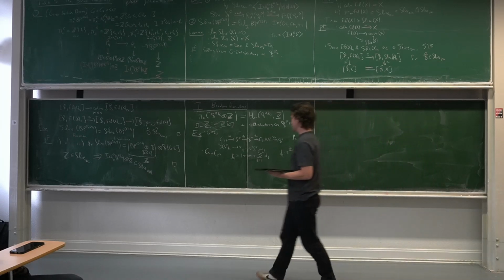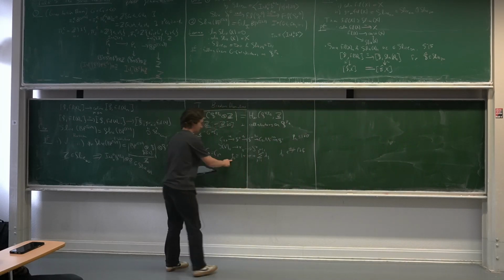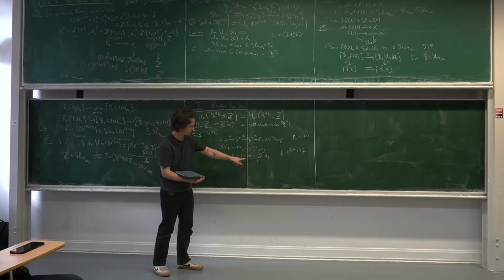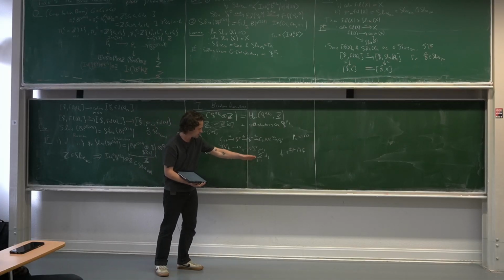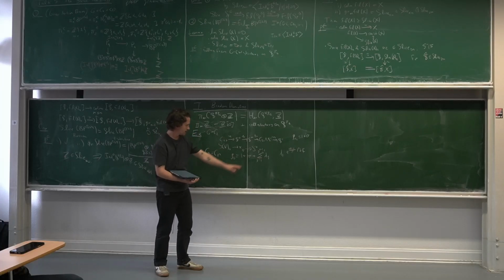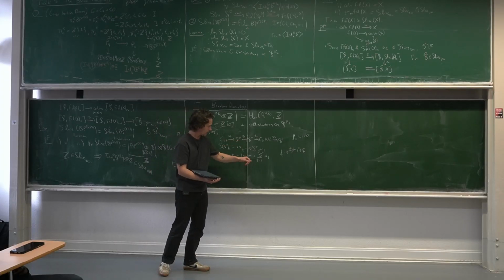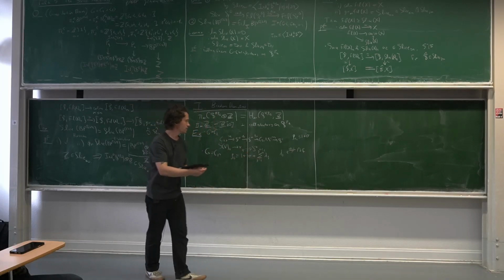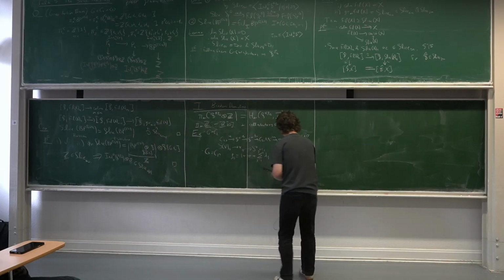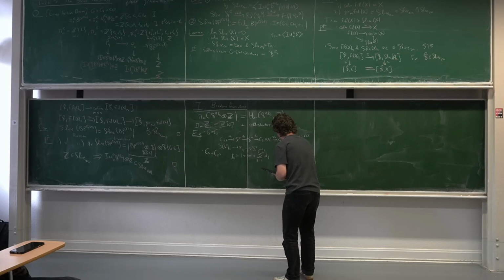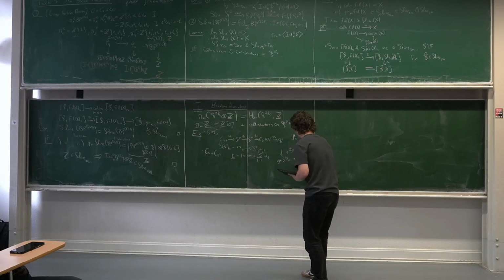Now, if I want to give you a cell structure for this representation sphere, I can just give you one for each piece and then tensor them together. For the sign sphere, I use the same one here, using that I have an index 2 subgroup. For these lambda j's, that's also not so hard to do, so I'll just tell you what you get. There's a filtration on this, whose associated graded is the following.